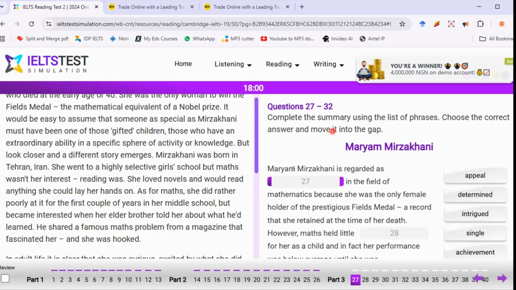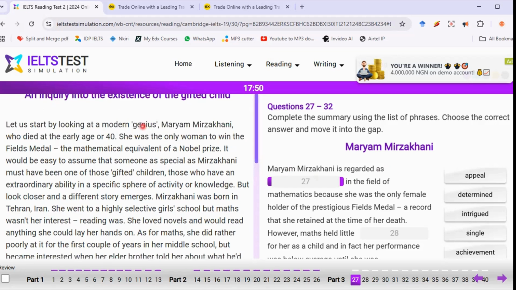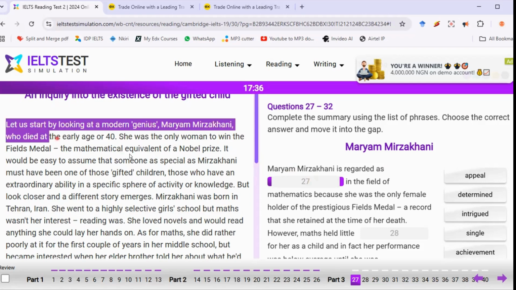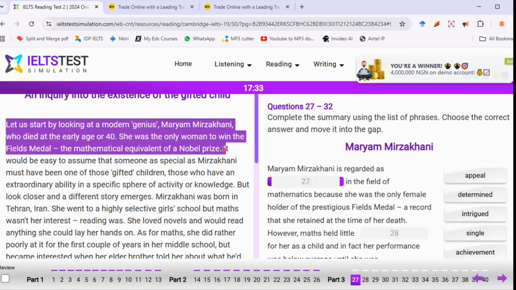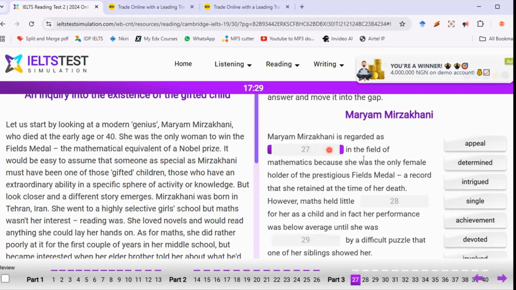So let's say Miriam Mirzakhani is regarded as dash in the field of mathematics. Let me see. Genius. She won the Fields Medal, the mathematical equivalent of the Nobel Prize. Regarded as gifted, maybe gifted in the field of math. Based on this whole thing here, I can say gifted in the field of mathematics based on that first paragraph, because she was the only female holder of the prestigious Fields Medal.